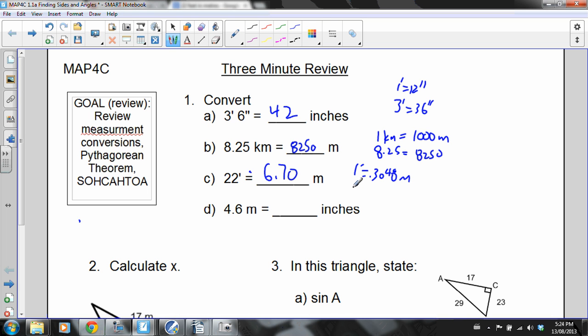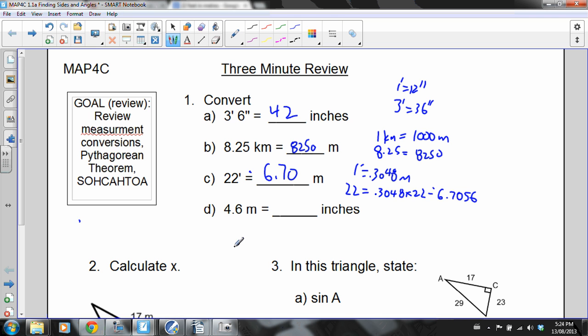And so if I wanted 22 feet, how do I get that? Well, to get from 1 to 22, I multiply by 22. So I'm going to go 0.3048 times 22, and I'm going to get my answer. And my answer is exactly what Google gave us, of course. And there's the exact number, and we'll write the rounded number in there.